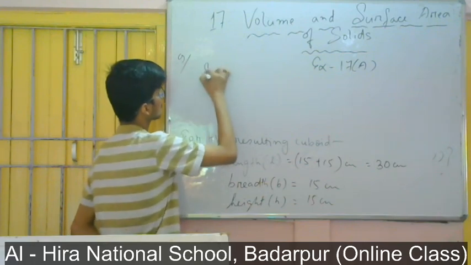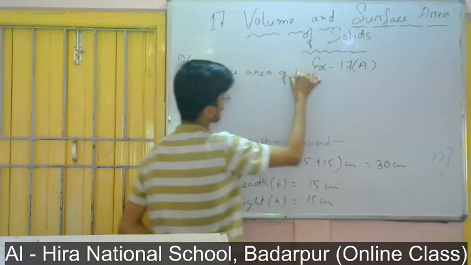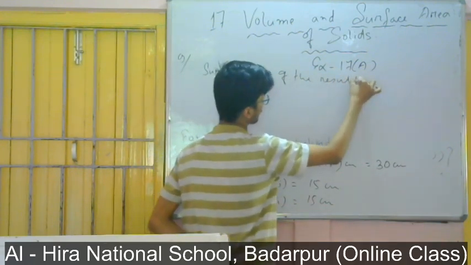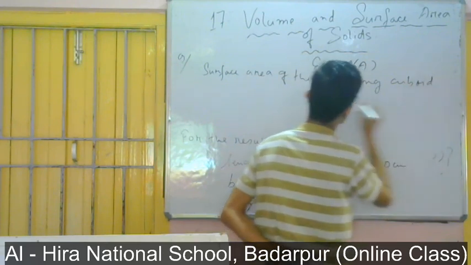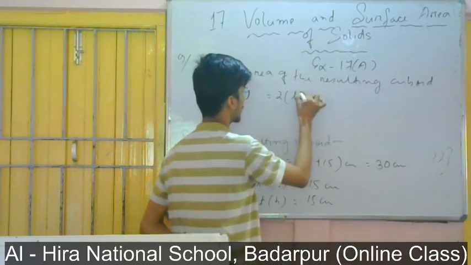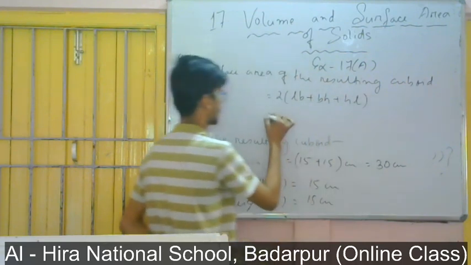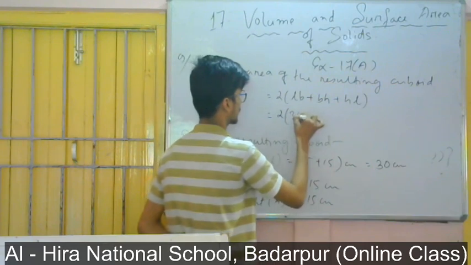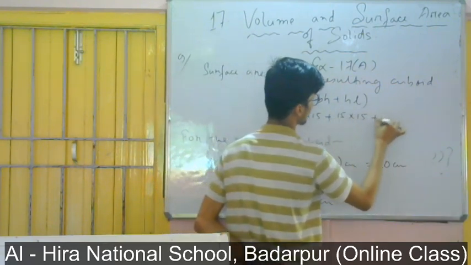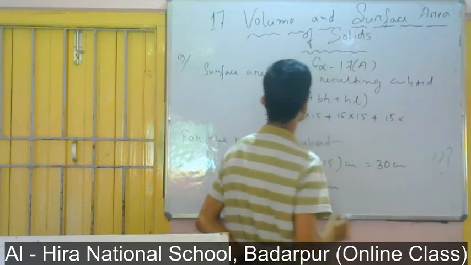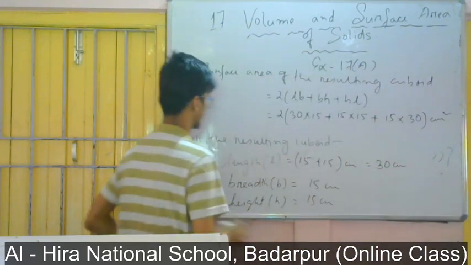Therefore surface area of the resulting cuboid is equals to 2 into LB plus BH plus HL. So here length is 30 into 15 plus breadth is 15, height also 15, height is 15, length again 30. Unit will be centimeter square.